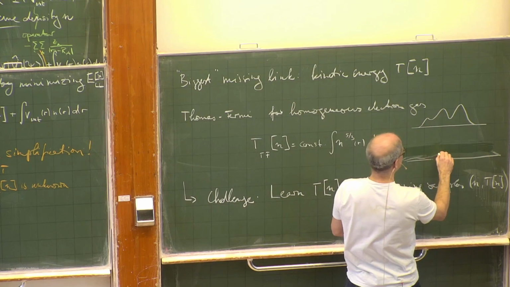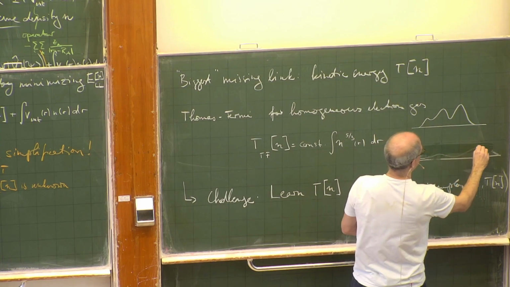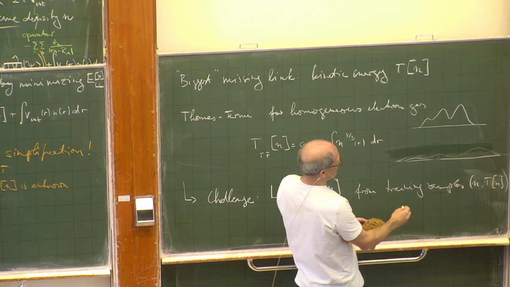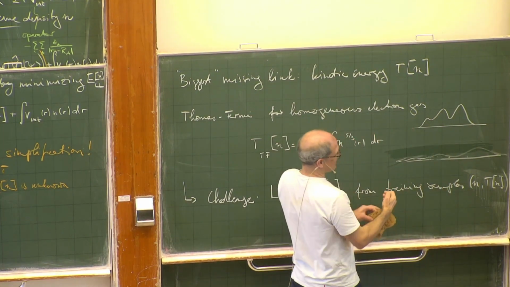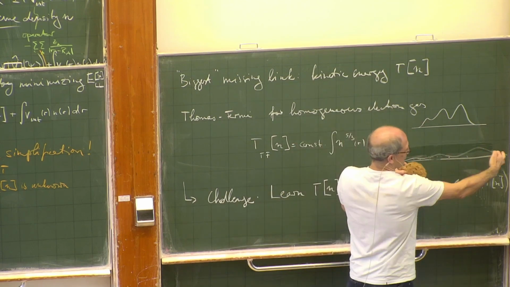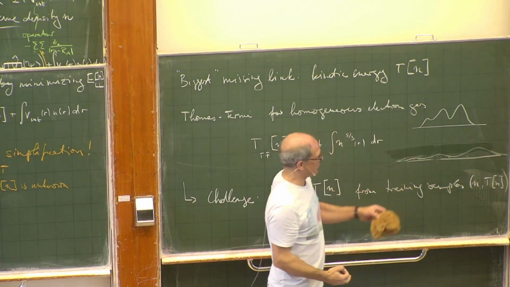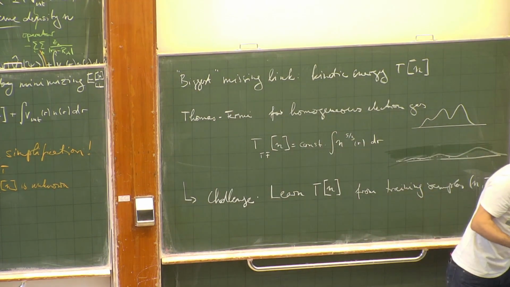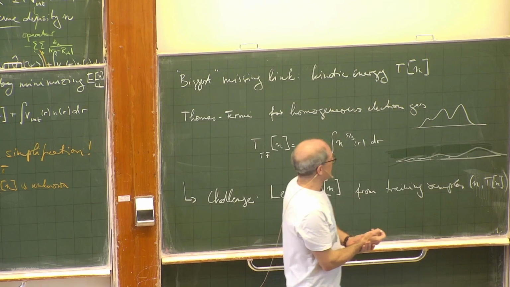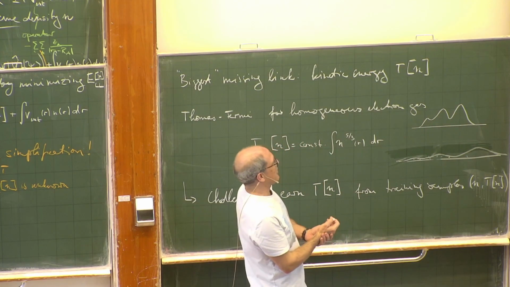Surprisingly hard. Okay. So the integral of this should be the same as the integral of that. And it should really be the same, just diluted or squashed. So which do you think has the higher kinetic energy?